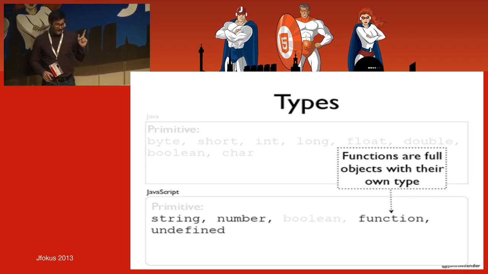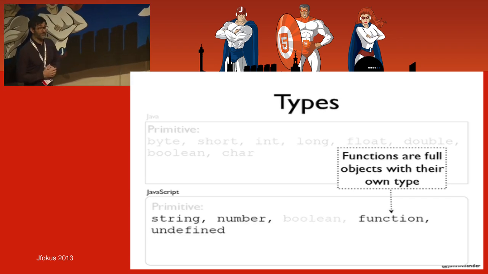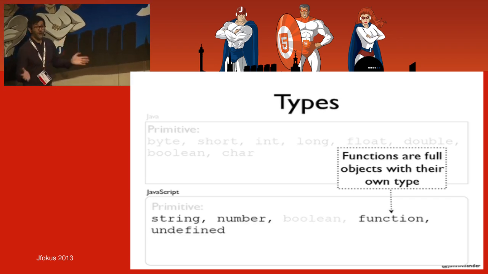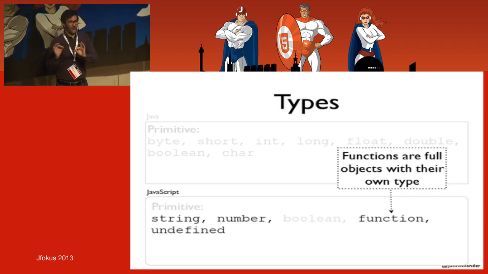The third one to mention is that functions are full objects with their own type. This means that functional programming is something you can definitely do in JavaScript. You do not need a class where you put your functions or methods inside. So this means that verbs, like doing something, can float around on their own.